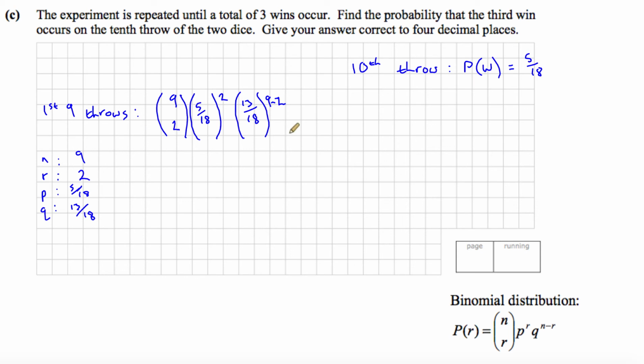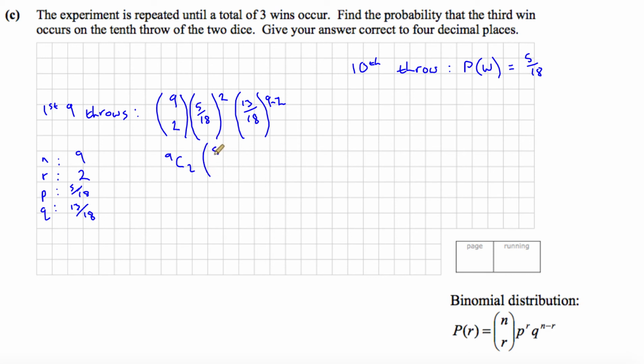And then we're going to put all of this into our calculator and work it out. In your calculator, this 9C2, or 9 over 2 in this bracket, the other way you can write that is 9C2 like this, using the nCr button on your calculator.